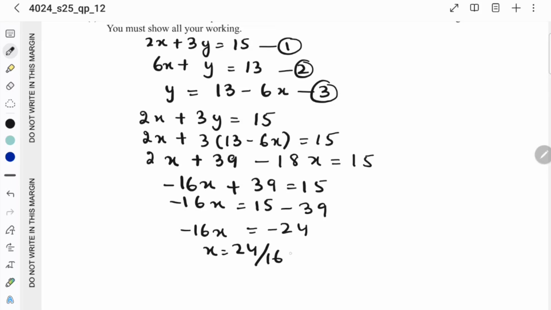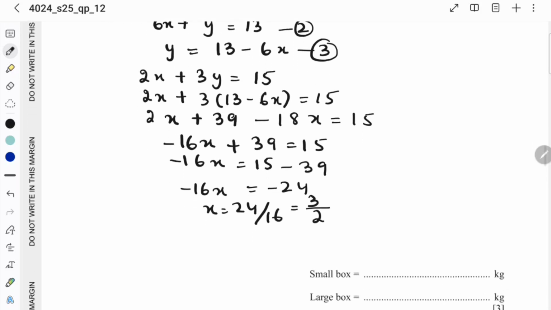So that is equals to, if you take the times table of 8, 8 2s are 16 and 3 8s are 24, 3 over 2 or 1.5. So small box x value is 1.5, or you can write down 1 whole 1 over 2.